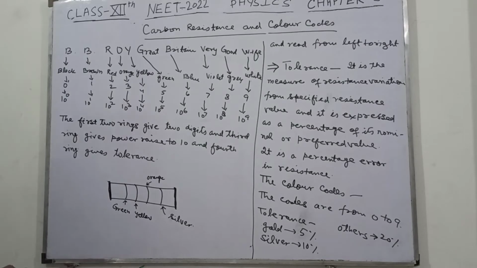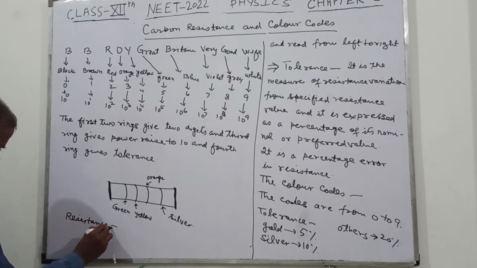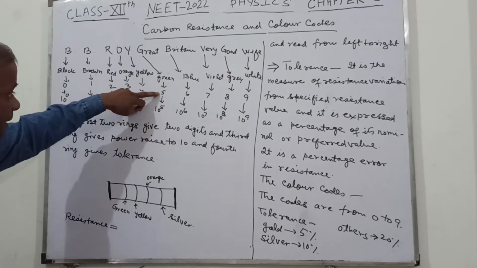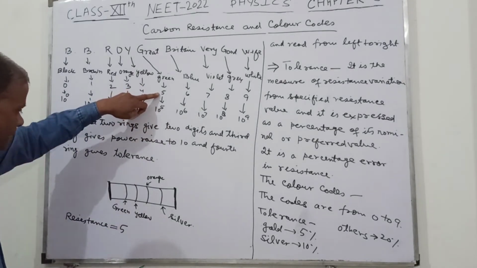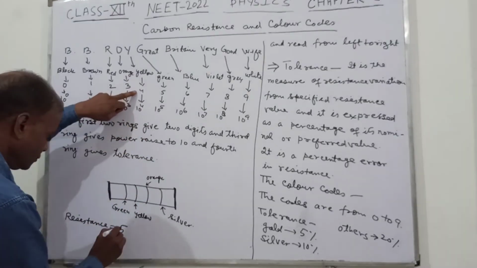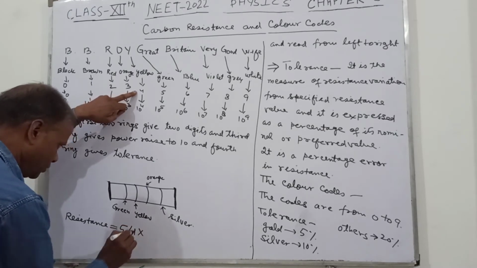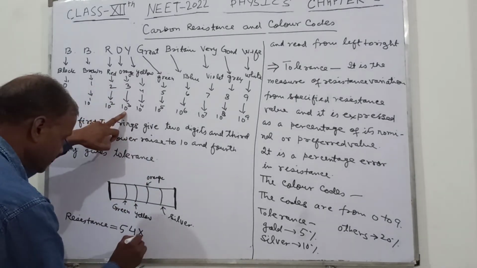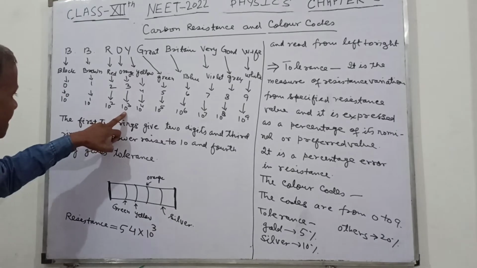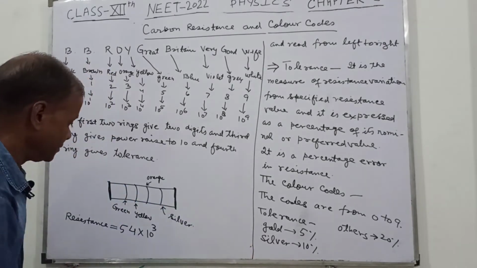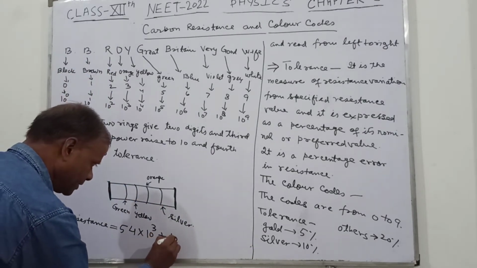Then what is the resistance? Resistance is equal to, for green we have the digit 5, so this is your 5. Then second is yellow, we have 4, into, now third one is orange, so for orange 10 raised to power 3, and then fourth one is silver, so for silver we have 10%, so plus minus 10%.